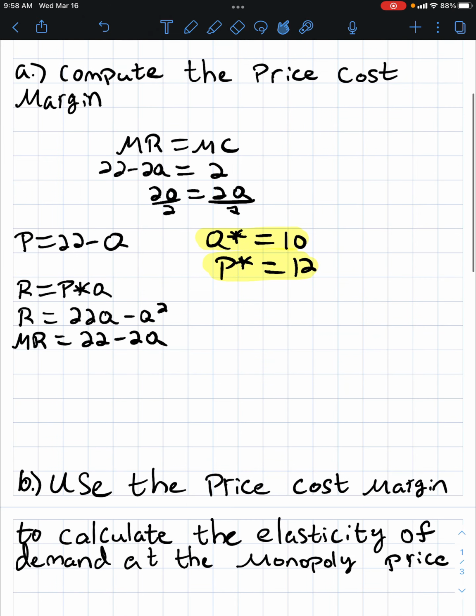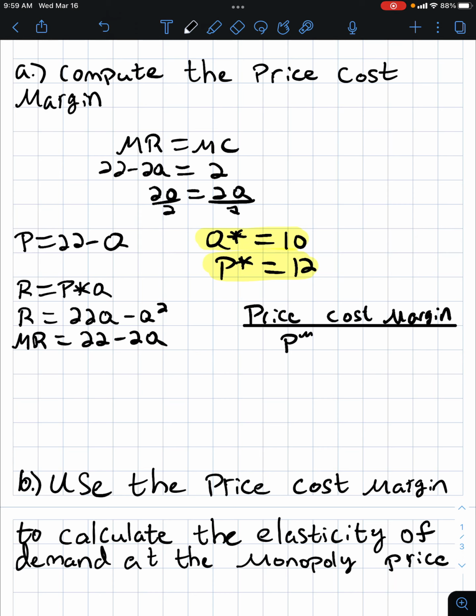So now we need to compute the price cost margin. Remember, the price cost margin is the price of the monopoly minus our marginal cost, divided by the price of the monopoly.